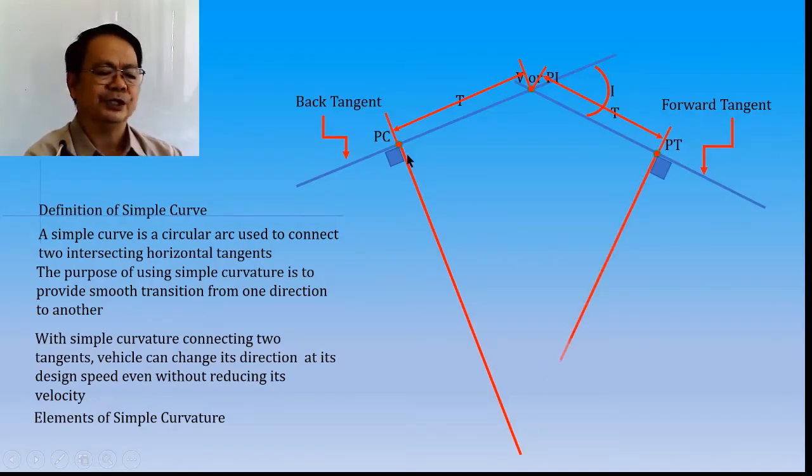Ito yung ginagawa dyan. So the intersection of these two lines drawn perpendicular to the two tangents is called the center of the simple curvature.